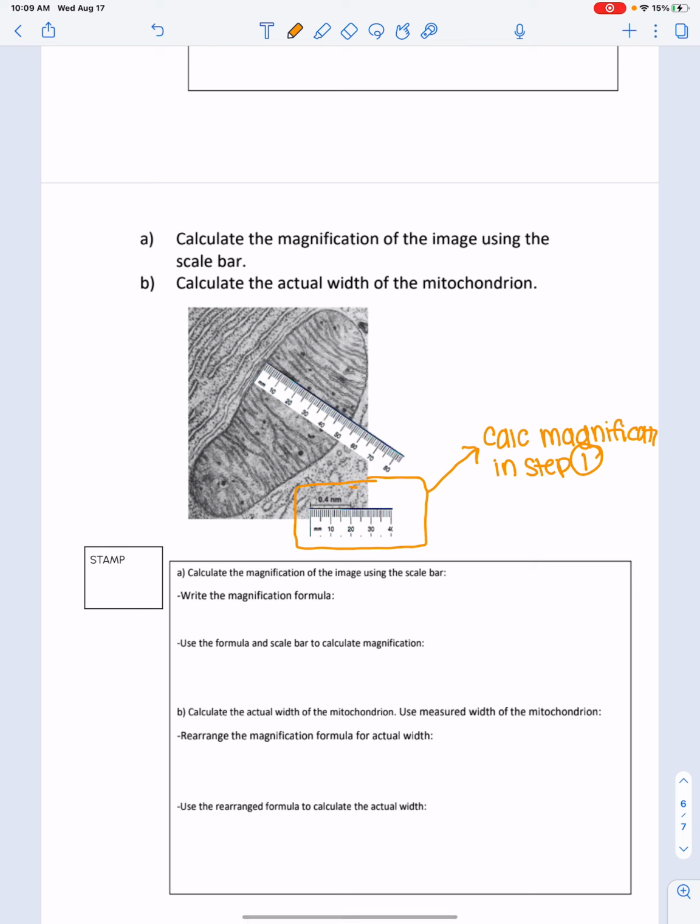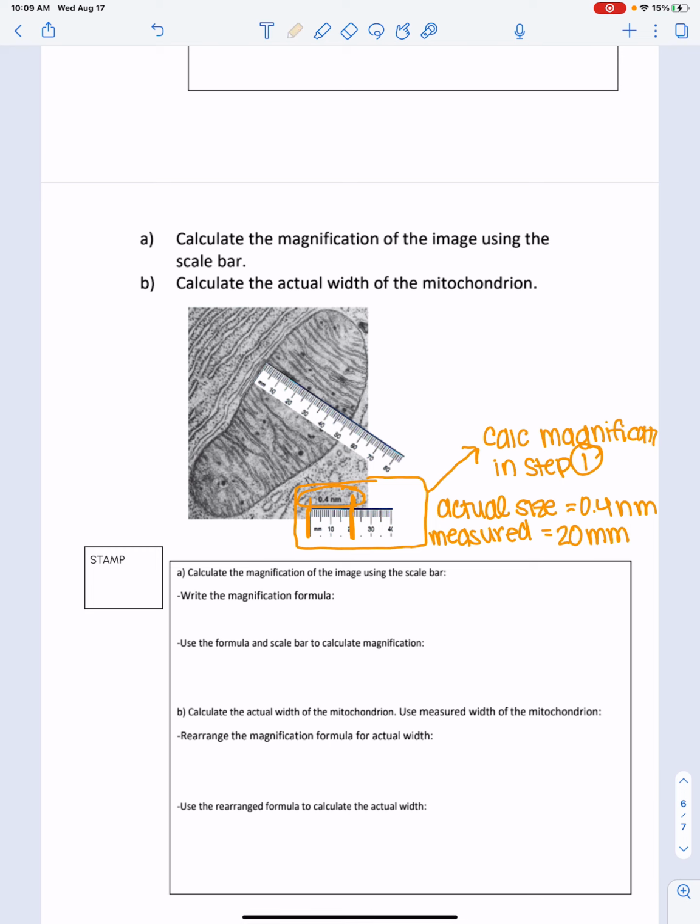So this part right here is your actual size, and it looks like 0.4 nanometers. And then your measured is going to be the ruler right up next to it, so it looks like it's going to be 20 millimeters.